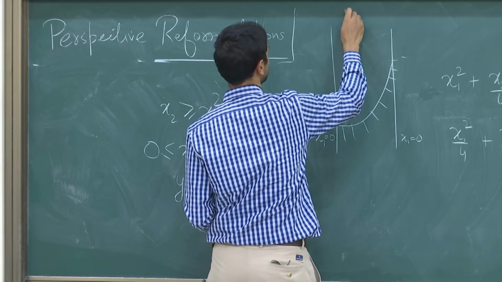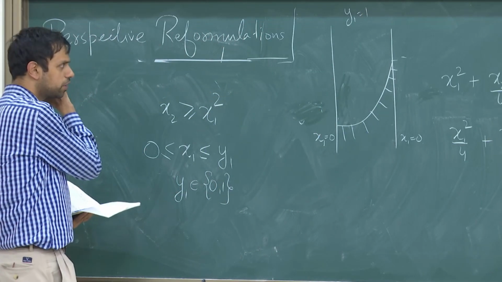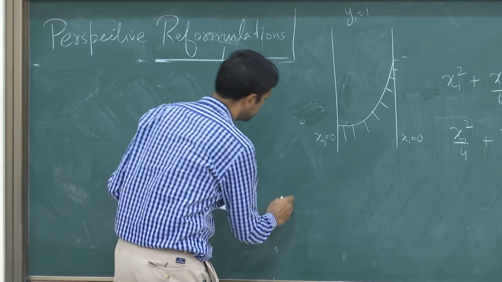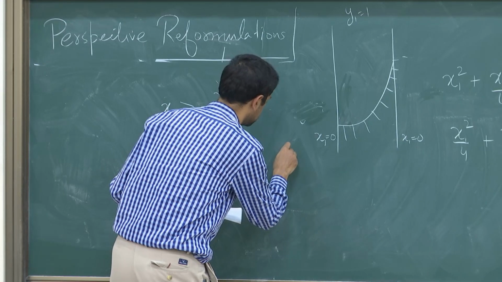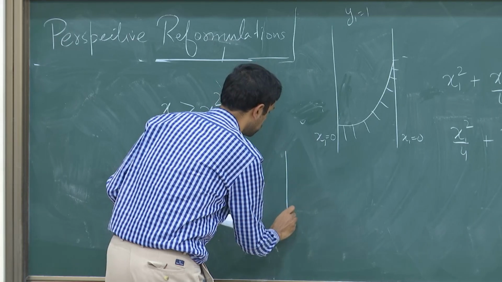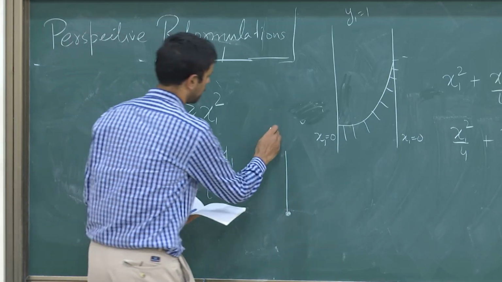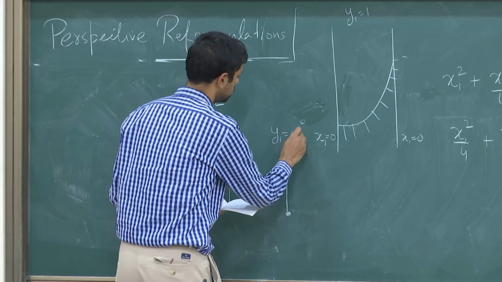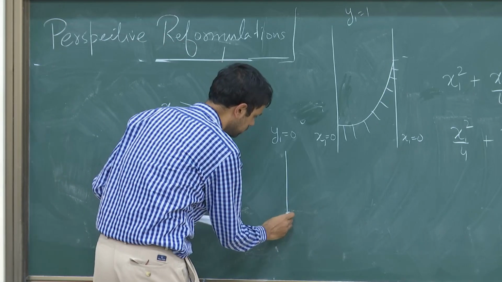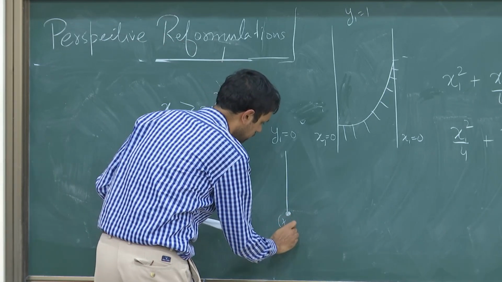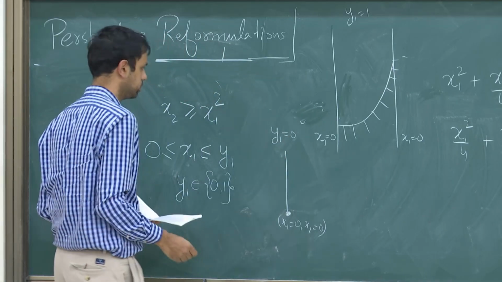This picture is when y1 equals 1, and when y1 equals 0, I just have a line where x2 is more than 0. This point is x1 equal to 0, x2 equal to 0, and here x2 is increasing.